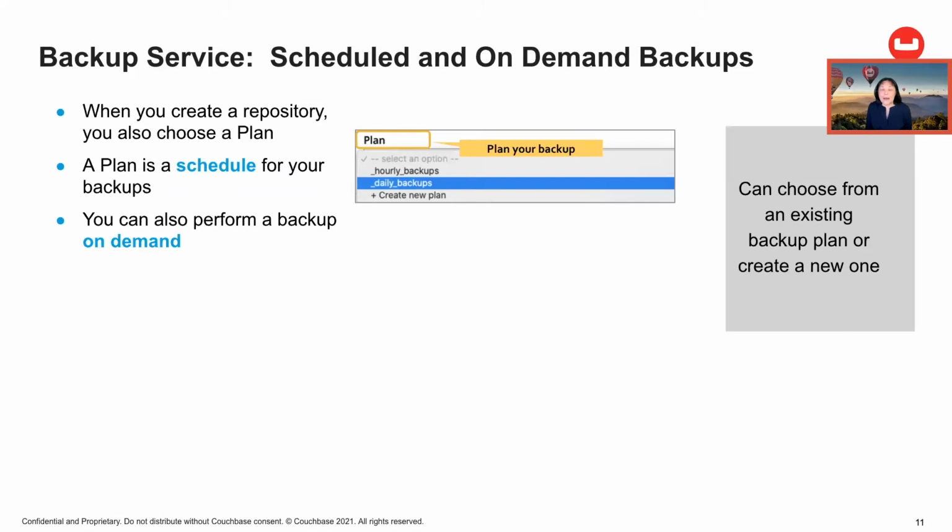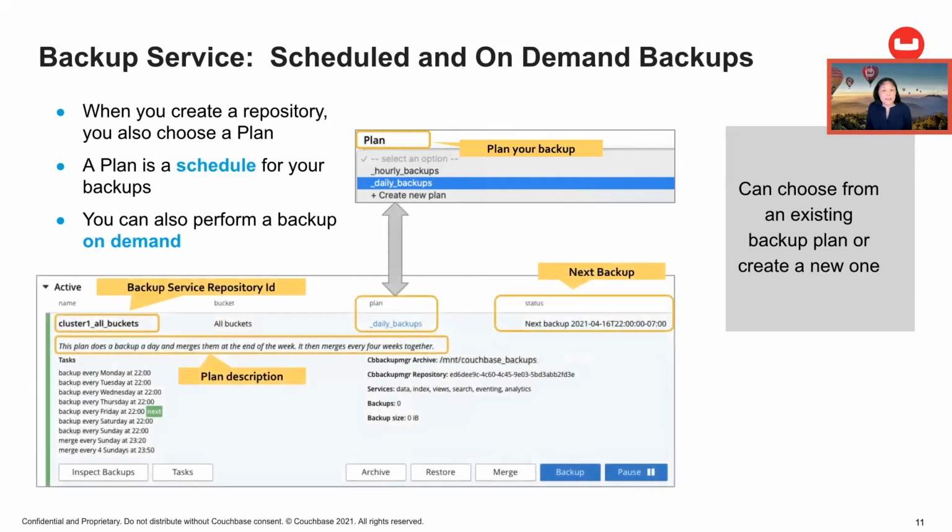When you create the backup service repository, you also have to choose a schedule for your backups. There are a couple of schedules already created for you, or you can create your own. So, as seen in this slide, once you create your backup service repository, the backup jobs can run automatically via the scheduled tasks, or you can choose to take on-demand backups.